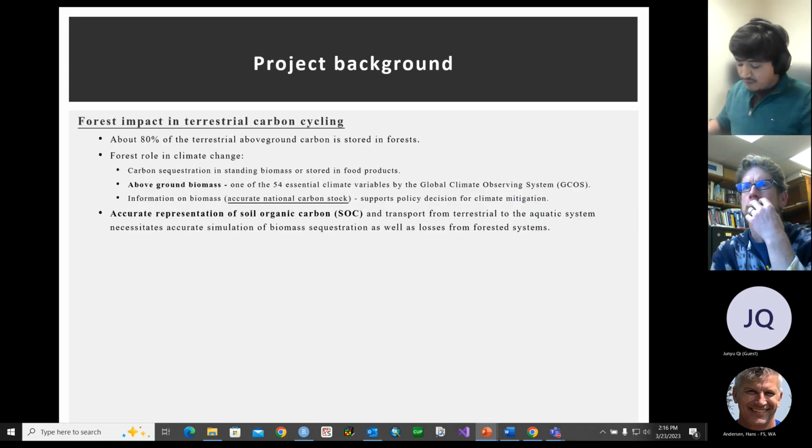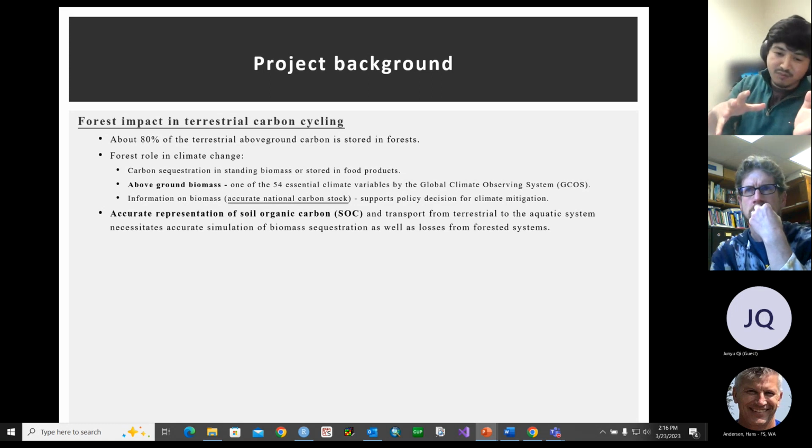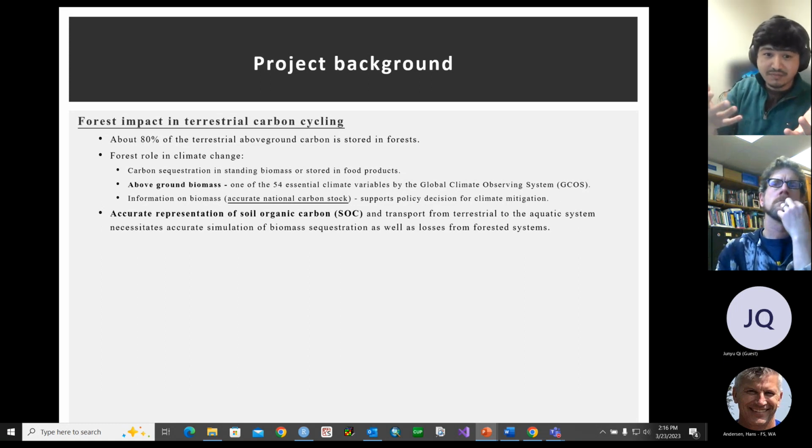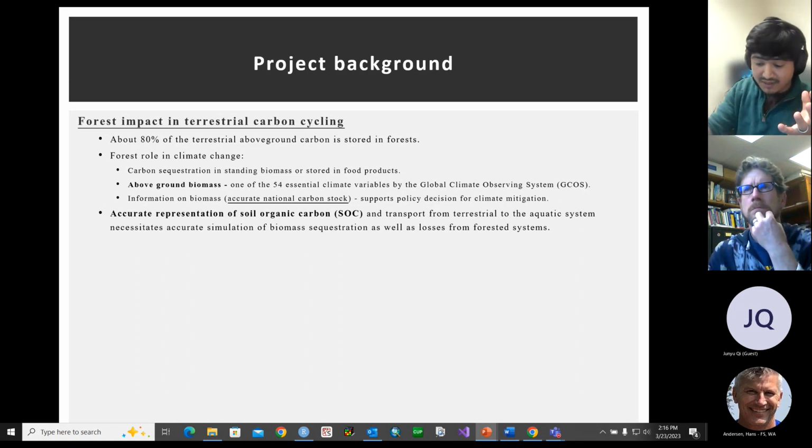Now, as I mentioned before, to simulate aquatic carbon storage and fluxes, we need to make sure the terrestrial component is constrained rigorously, especially forest, because it makes up about 80% of the total aboveground biomass and it's a major component in many watersheds.